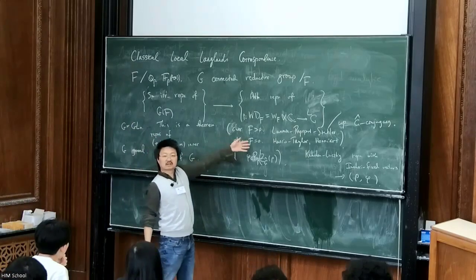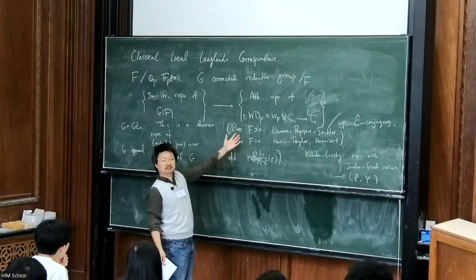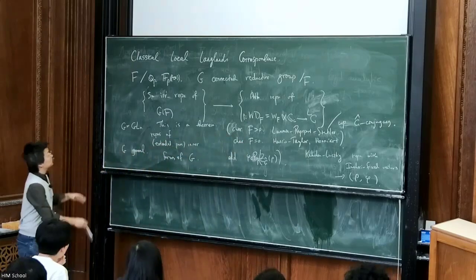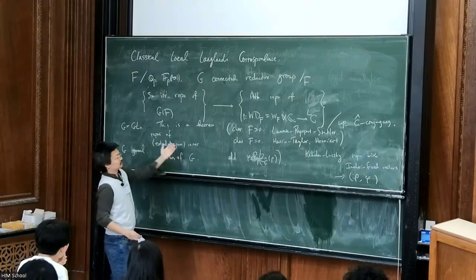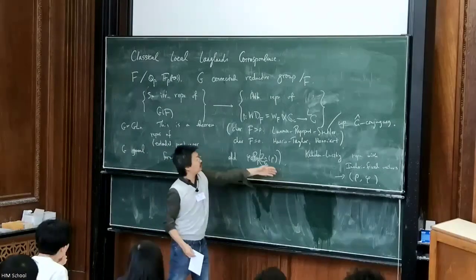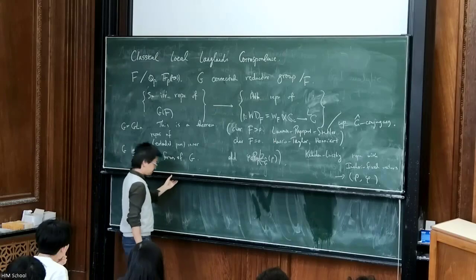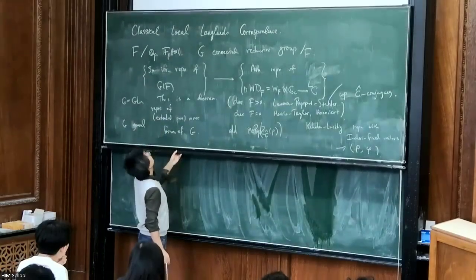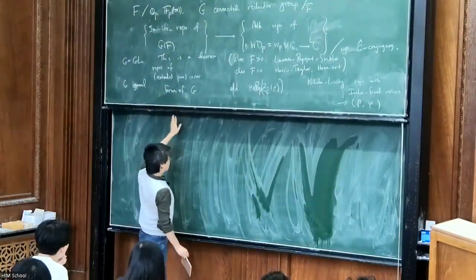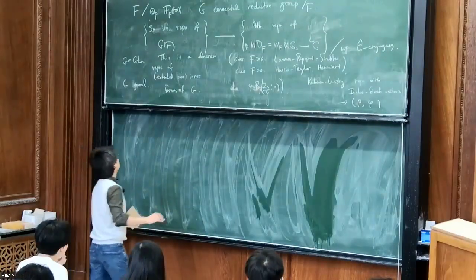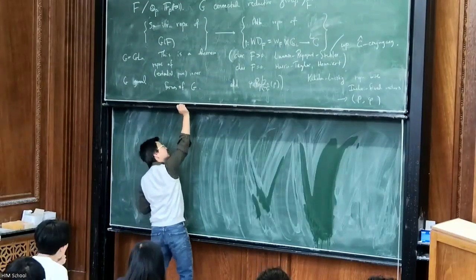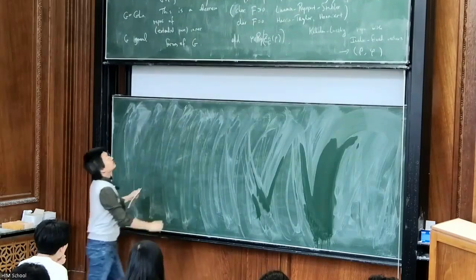Then it has a better parameterization. The parameterization looks much better. Of course, you can just consider one of them, but then you will miss something, and the parameterization will look very complicated. Okay, so this is a very brief review of the classical story.